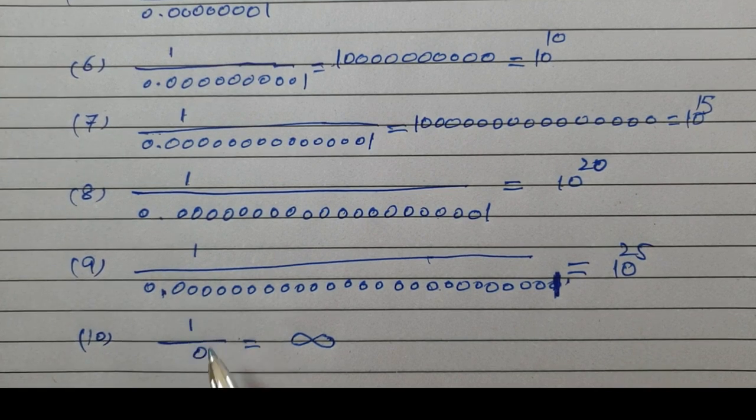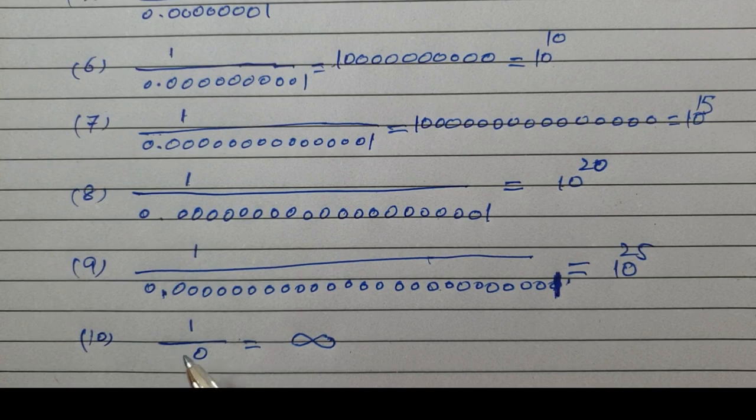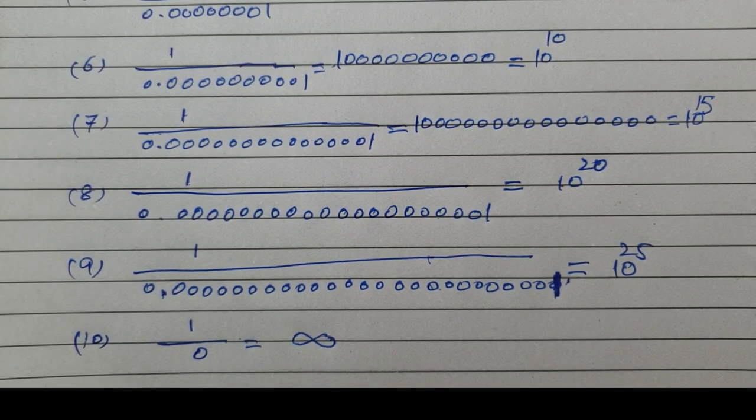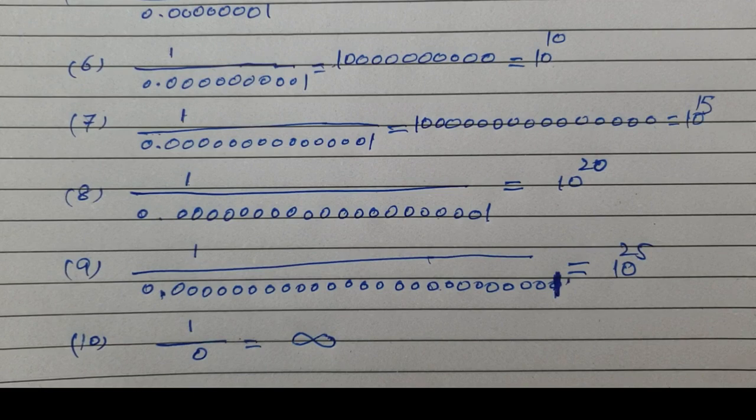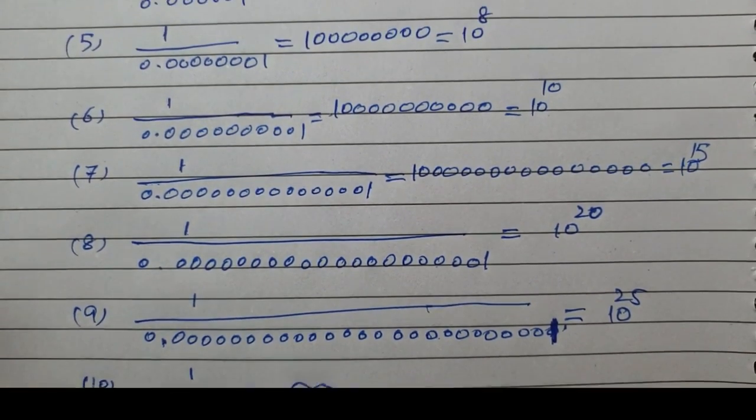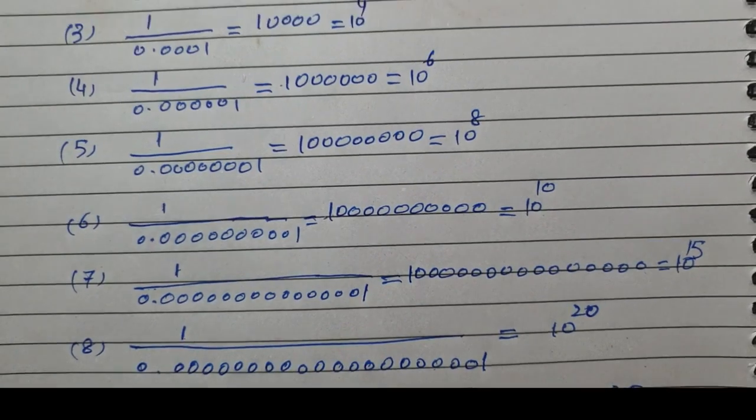Therefore, 1 by 0, or any number, when it is divided by 0, becomes infinity. So this is the proof of this fact, that when any number is divided by 0, the result is infinity.